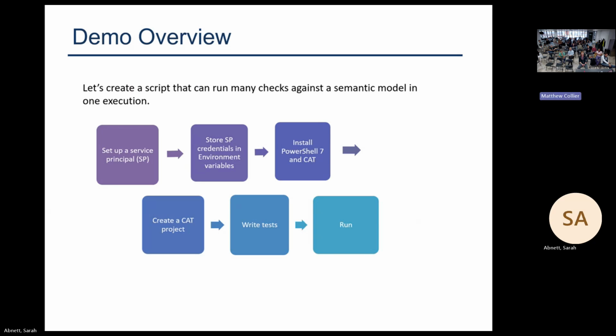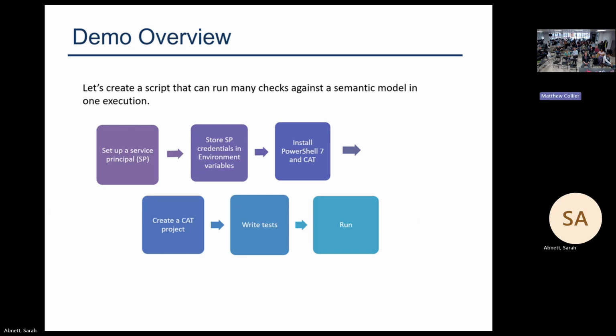Then you need to get the credentials of that service principal. And just if you don't know what a service principal is, it's a way of allowing you to authenticate without needing to be a specific person. So you can have the service principal credentials, but your team could also have those credentials on their machines. So you'd store the credentials in environment variables.